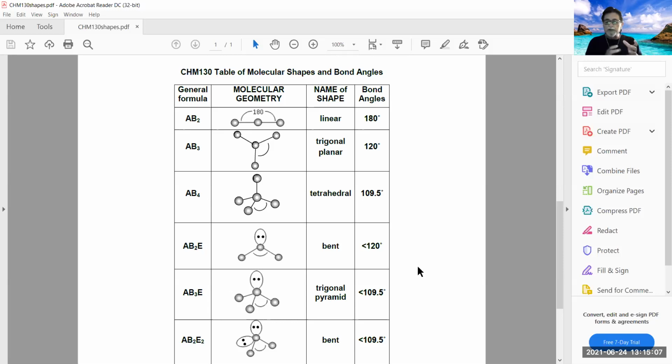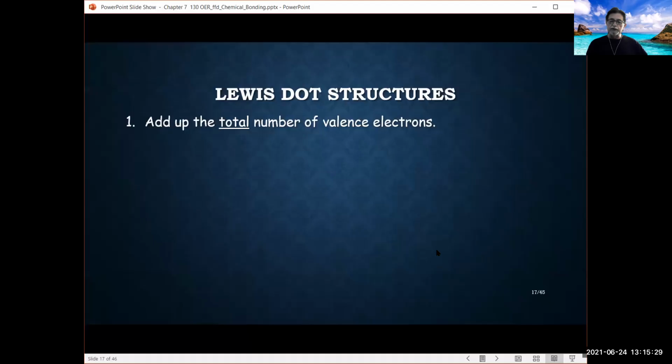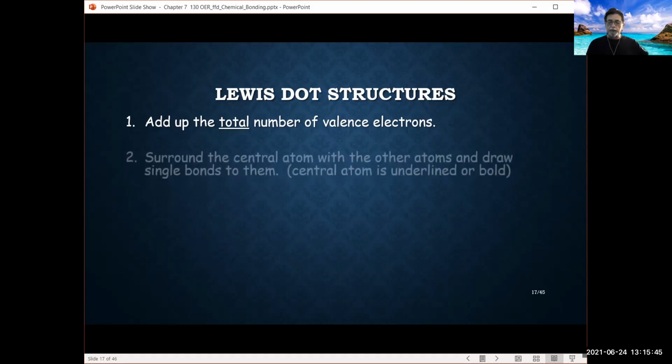Because all molecules have a particular molecular geometry, and they also have a particular name with respect to that geometry. This table will help us determine what type of geometry they have. And it's all related to the valence electrons of all of the atoms that come together to form this compound. What we need to do is add up the total number of valence electrons for that chemical, whatever that chemical may be.